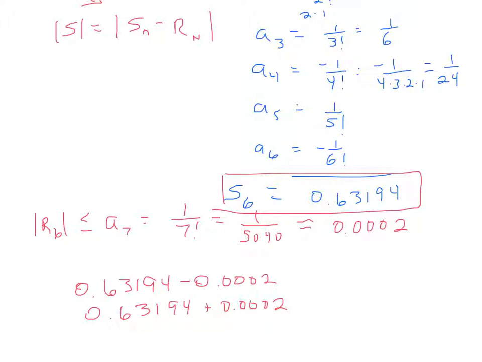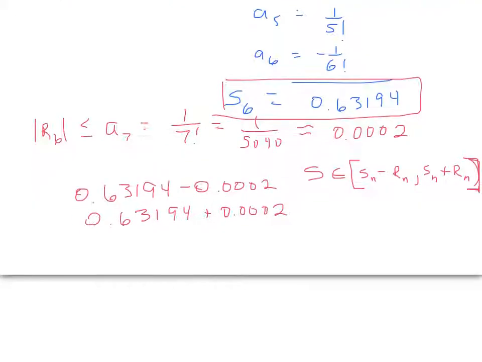Quite simply, the sum is going to be an element of the interval S sub n minus R sub n, comma, S sub n plus R sub n, with a closed bracket. And that is the interval over which we are going to find our sum.